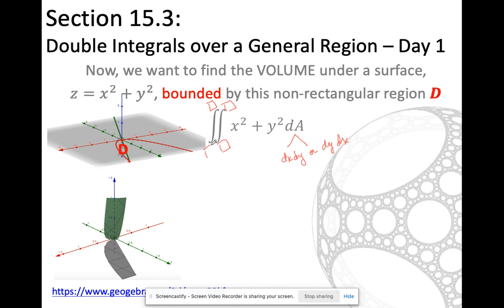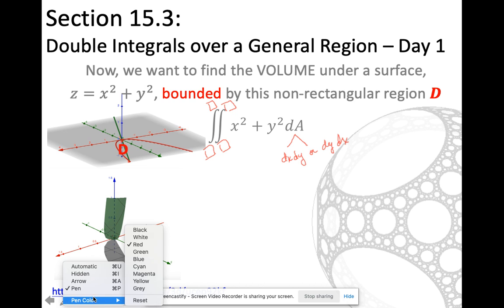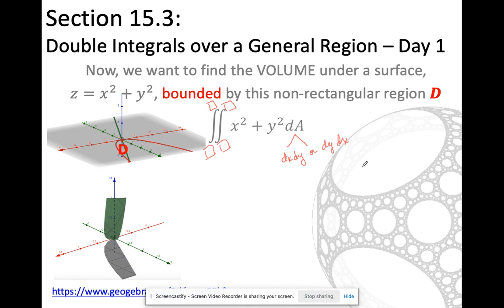When we had a rectangular region, those limits were all constants. But now we are going to have a different situation. We are going to imagine that we have either the scenario in the XY plane. So now I'm just drawing the XY plane.